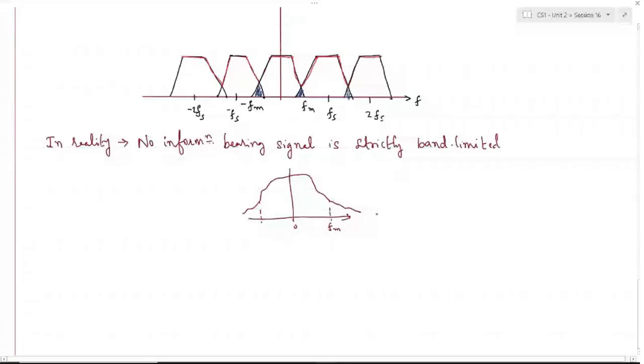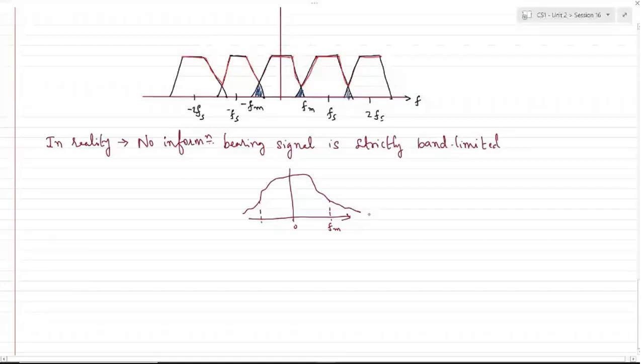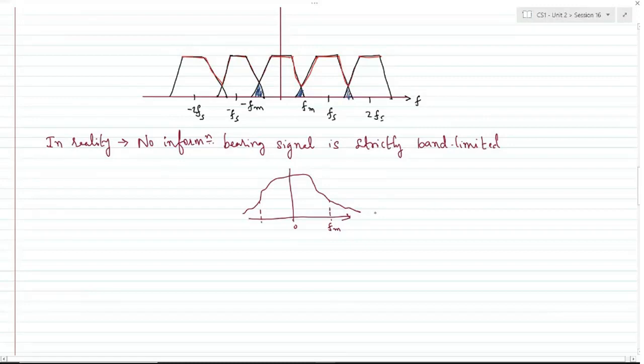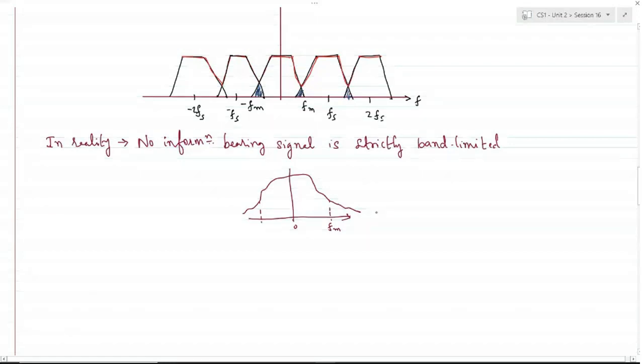In spite of keeping fs much greater than 2 fm, you may still incur aliasing. To avoid such practical scenarios, we make use of a filter called an anti-aliasing filter. I'll talk about that when I go into more detail about aliasing.